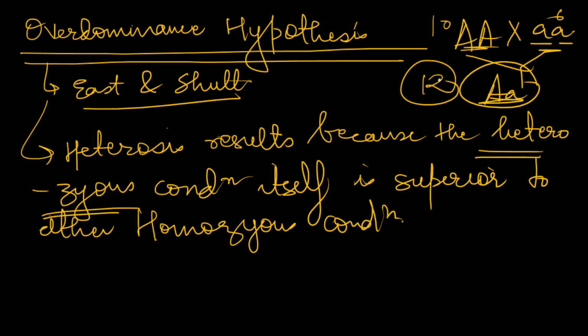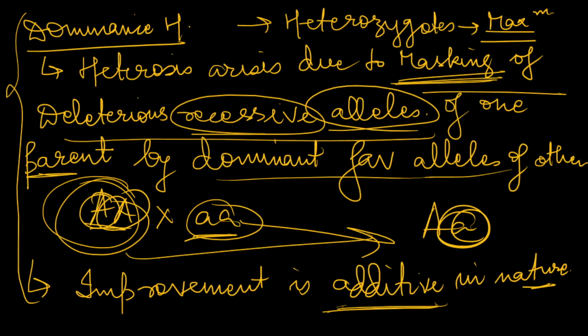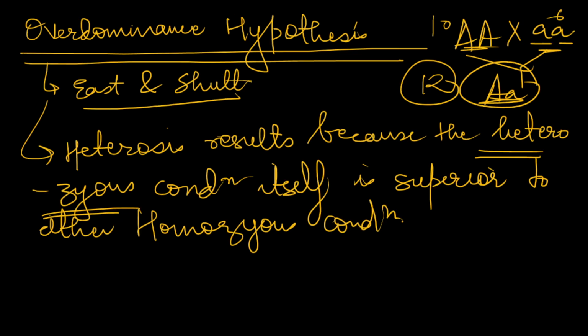You can also mention features of the overdominance hypothesis, in points, as with the dominance hypothesis. In the features, you can mention that the heterozygous condition in itself is superior to either homozygous condition. You can even show this cross, capital A and small a homozygotes and then Aa heterozygous.